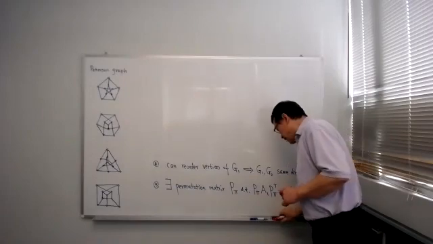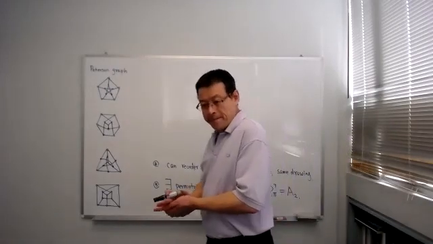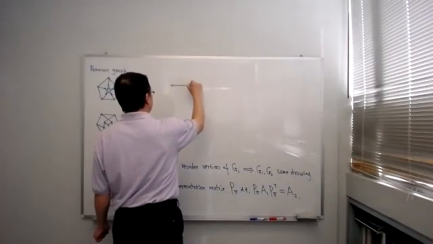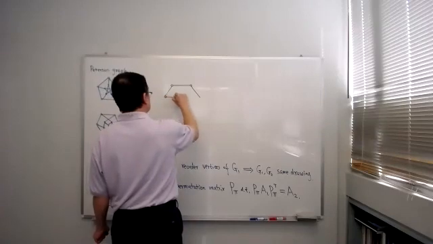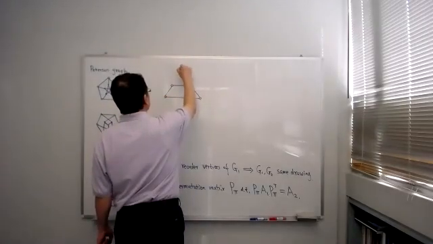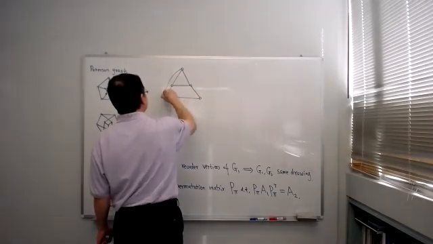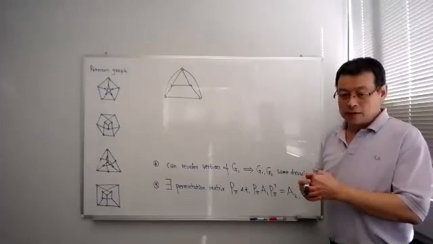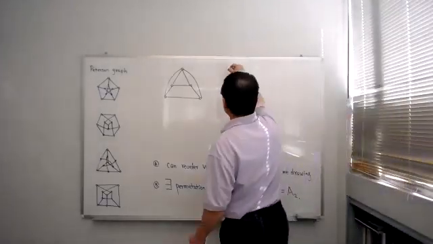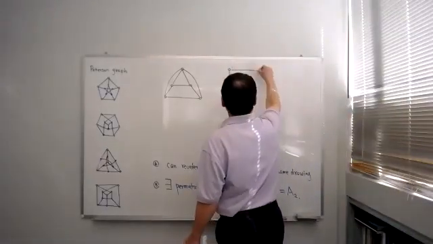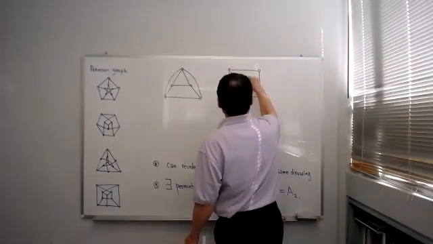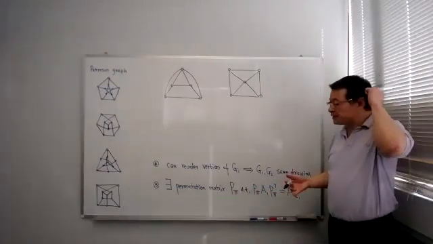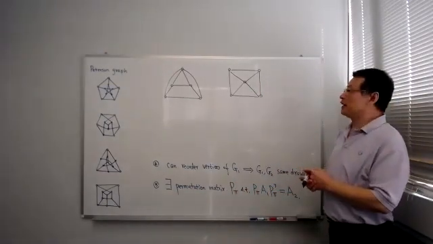I give you 2 graphs. That's one graph, that's another graph. Both of them have 5 vertices. They look totally different, these two graphs.